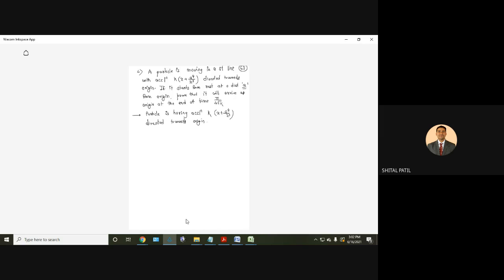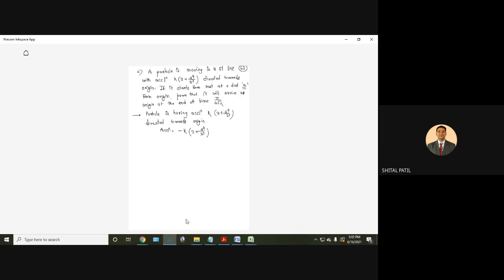Okay, like the simple pendulum. Acceleration equal to minus k. Why minus sign? Directed towards origin, therefore. Right, inside, negative sign. Acceleration directed towards origin.